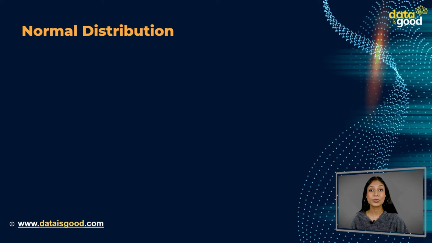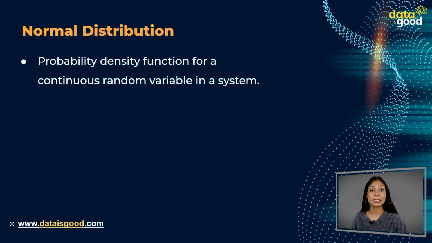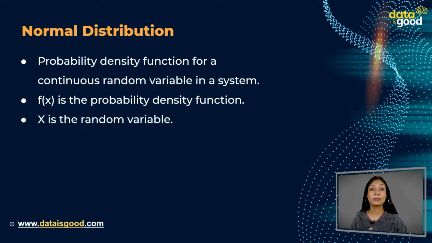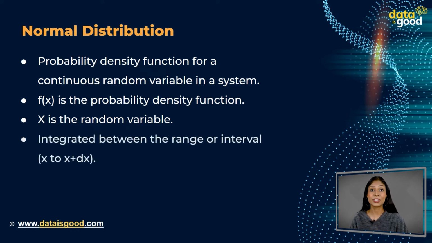The normal distribution is defined by the probability density function for a continuous random variable in a system. Let us say f(x) is the probability density function and x is the random variable. Hence, it defines a function that is integrated between the interval x to x plus dx, giving the probability of random variable x by considering the values between x and x plus dx.